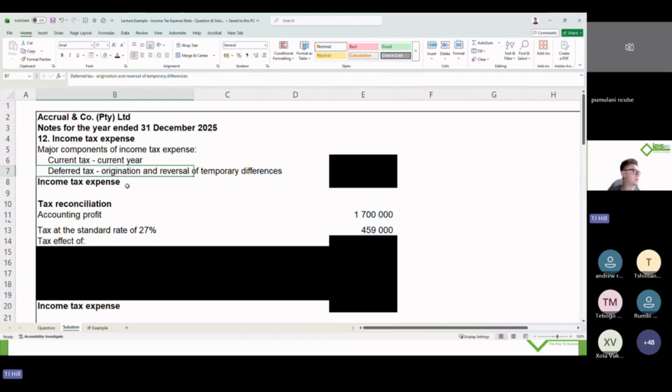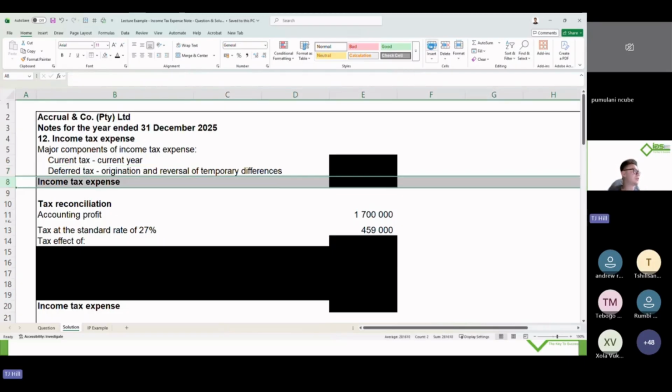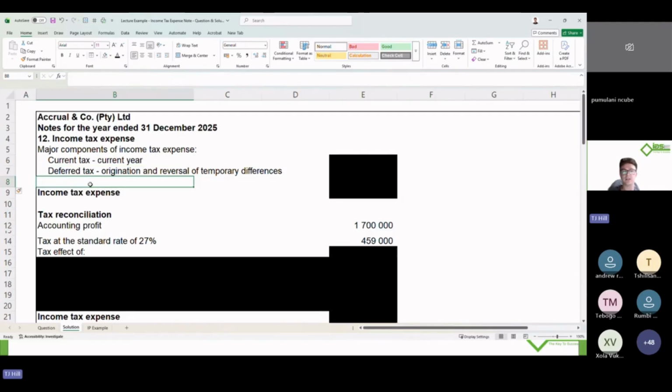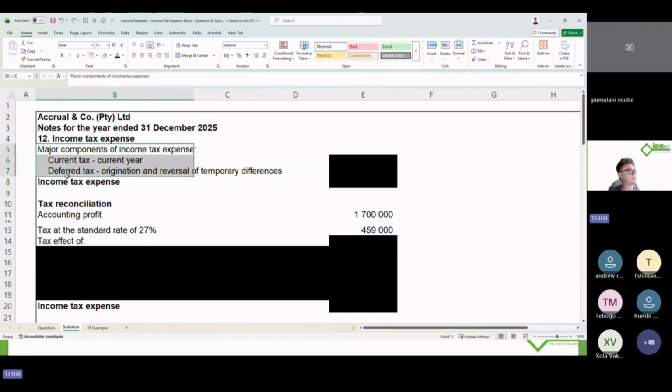Other things that could also be in here could be foreign tax that you may show separately, but most of the time, this is most of what you're going to see. What's going to be sitting here in your reconciliation may differ. That's going to depend on what you have in your scenario.